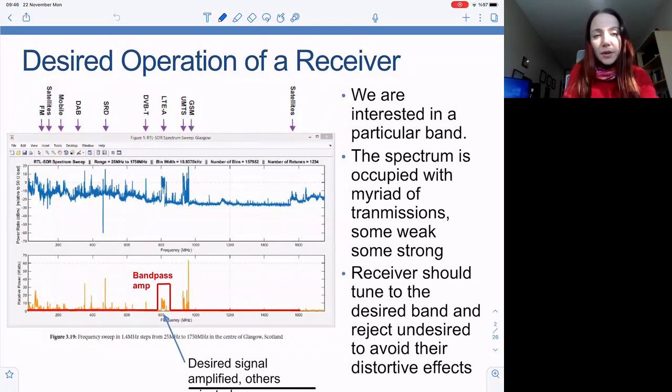The GSM, the second generation GSM system, still exists around the 900 megahertz band, and UMTS, the data service for GSM, is close by. And more satellite communication is in the gigahertz range.